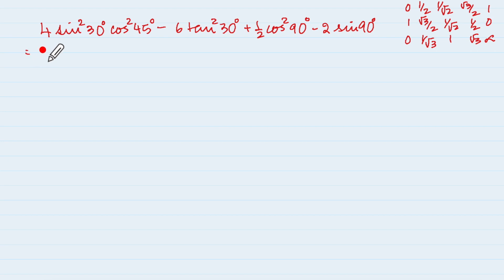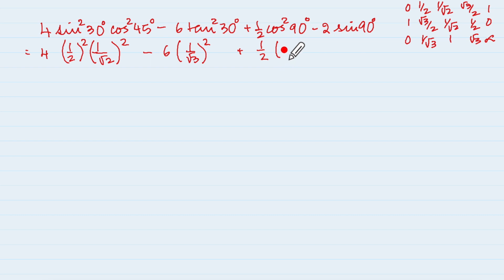Now let us substitute. This is 4 and sine square 30 means half square, and here cos 45 is 1 upon root 2, so we'll square that, minus 6 tan of 30 is 1 upon root 3, so we will square that, plus half cos square 90 is 0, so 0 square, minus 2 sine 90, sine 90 is 1.